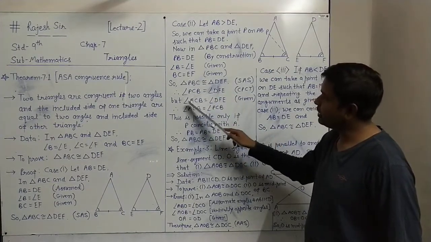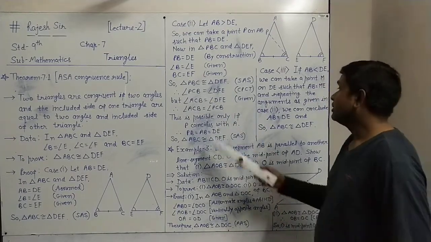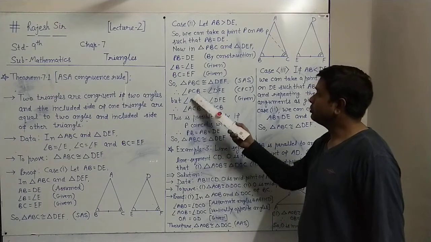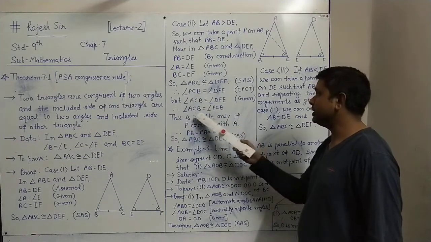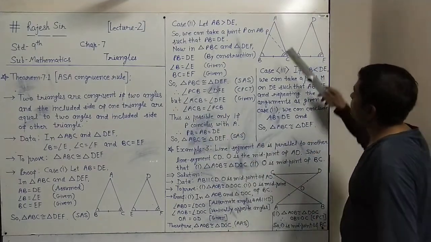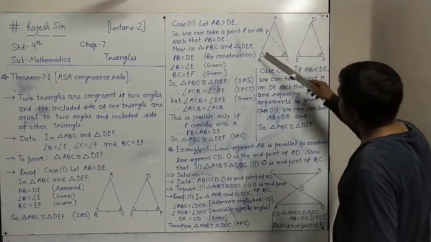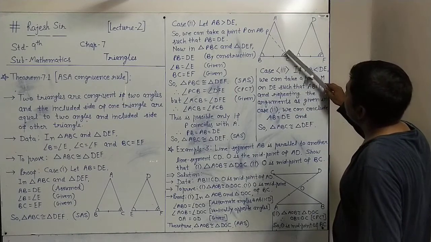Angle ACB is therefore also equal to angle PCB. Angle ACB equals angle PCB. Both the angles are equal.